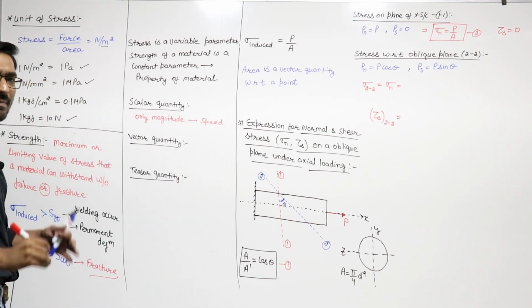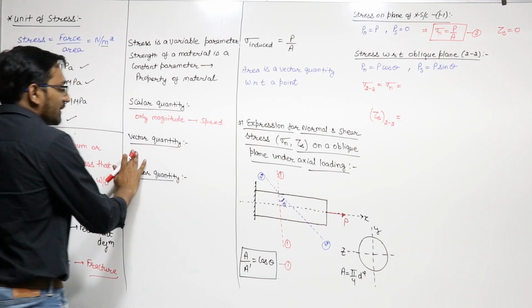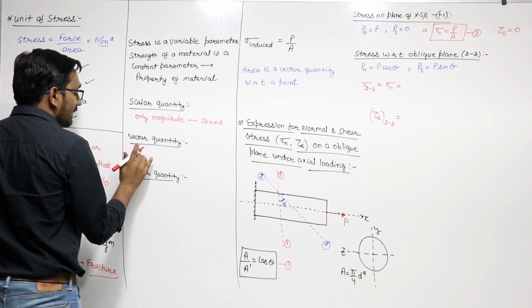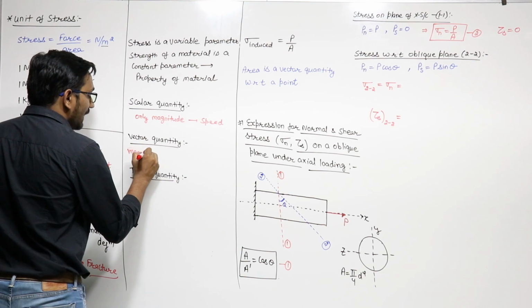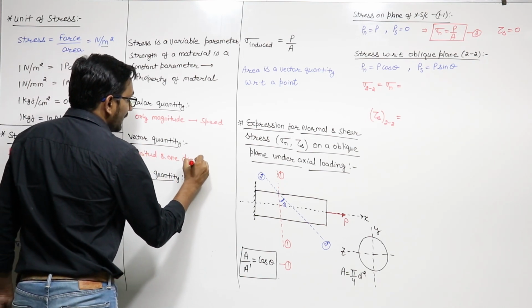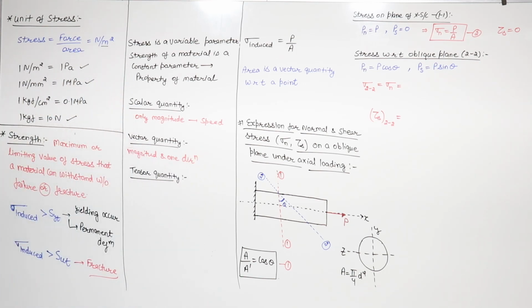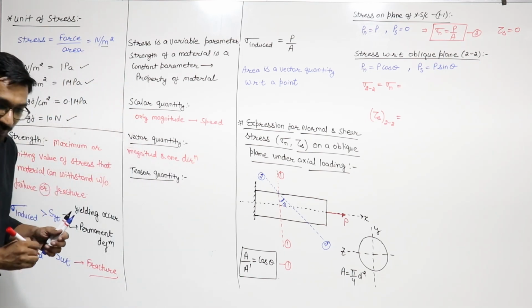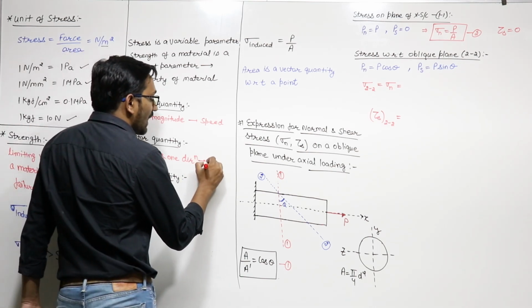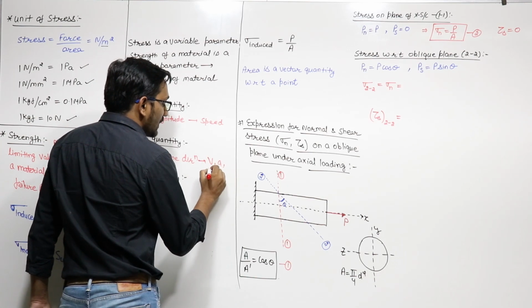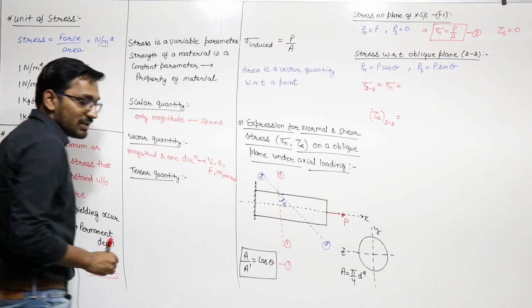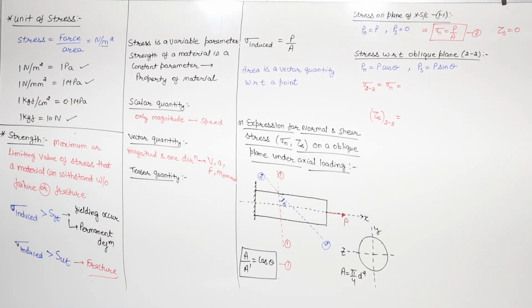Vector quantities are those which have magnitude and one direction, for example velocity, acceleration, force, momentum, right?